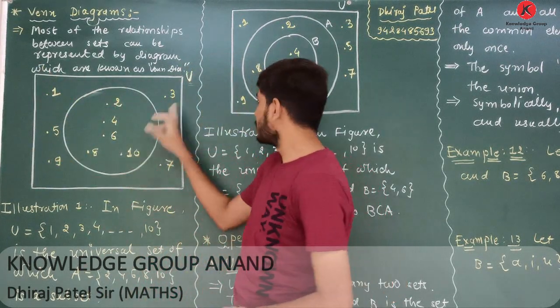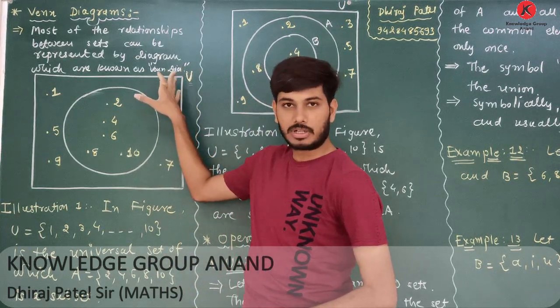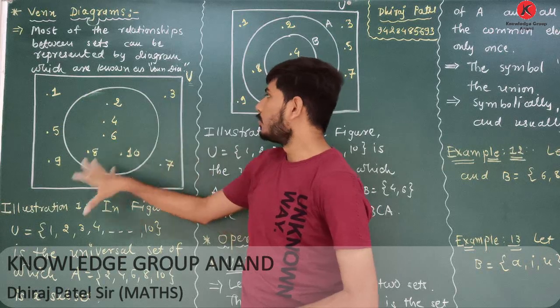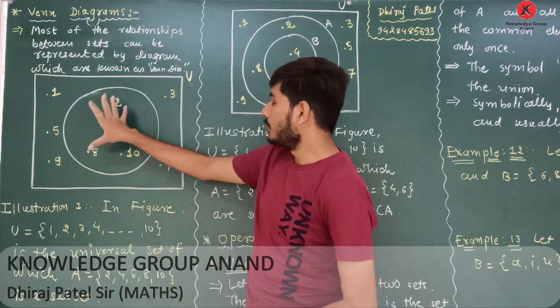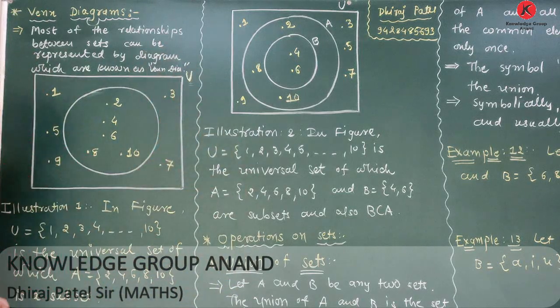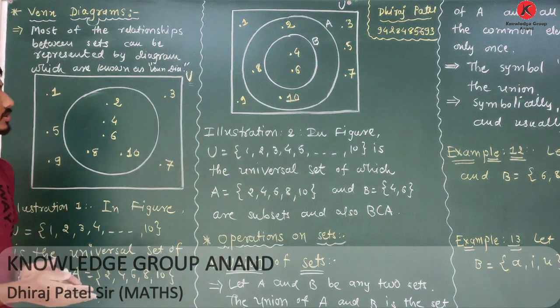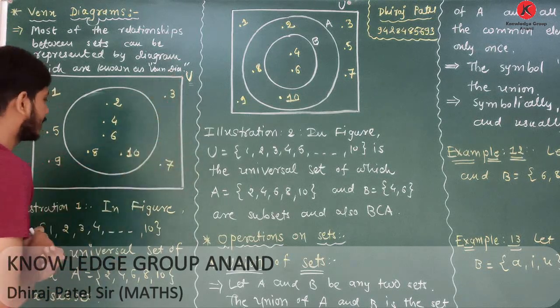Okay, so this is the important symbol or figure for the Venn diagram. We have to consider the universal set first. Universal set is represented in the form of a rectangle.